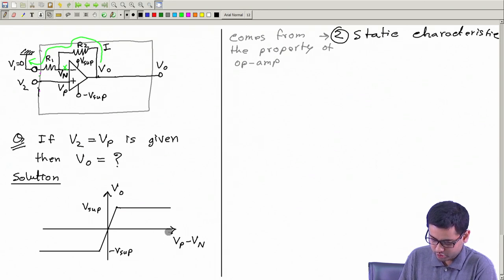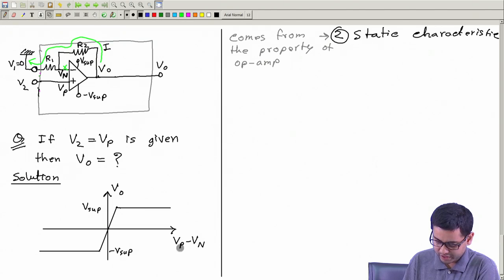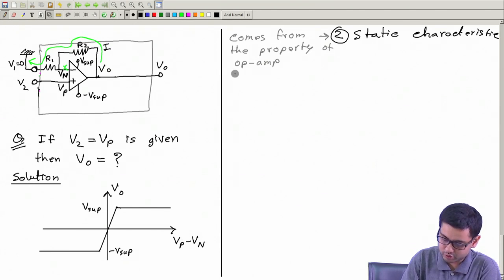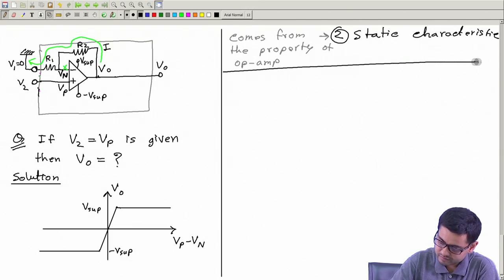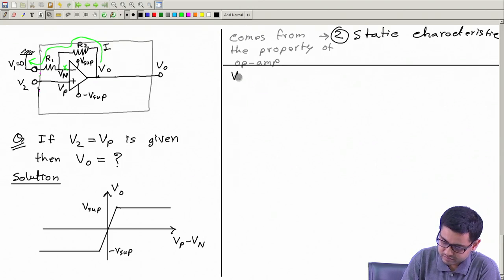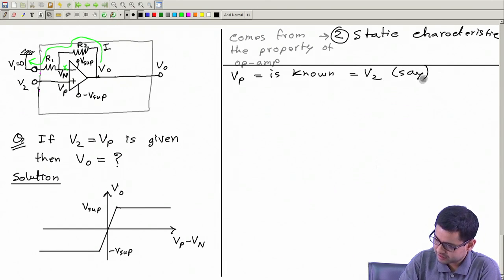So Vp is known, so it's a known value, it's like a known number. Okay, say Vp is equal to V2. Okay, so Vp is known, equal to V2 say. Okay, and Vn is unknown.